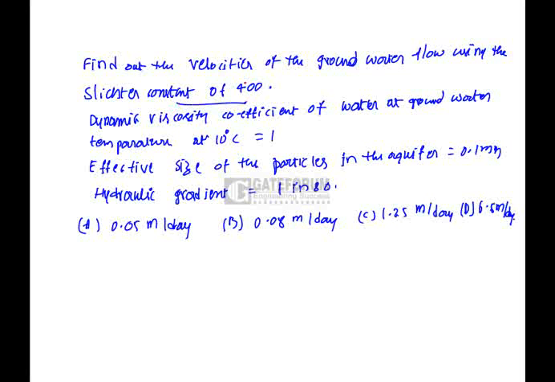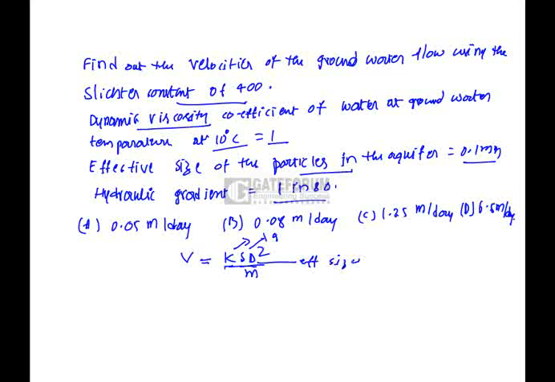Find out the velocity of the groundwater flow using the Schlichter constant given as 400, and the dynamic viscosity is 1 at 10 degrees centigrade. Effective size of the particle is given as 0.1 millimeters, and the hydraulic gradient is given as 1 in 80. From the Schlichter constant, the velocity of flow is V equal to K S d square by m, where K is the Schlichter constant, S is the hydraulic gradient, d is the effective size, and m is the dynamic viscosity.